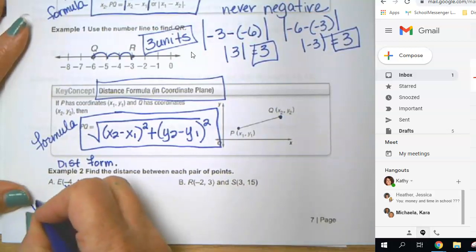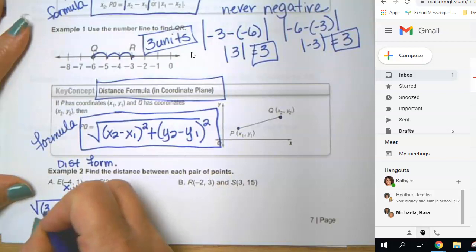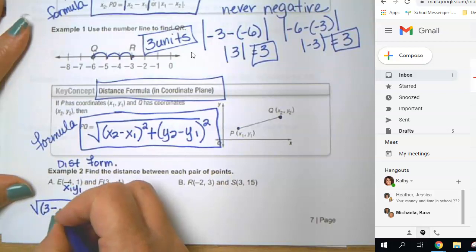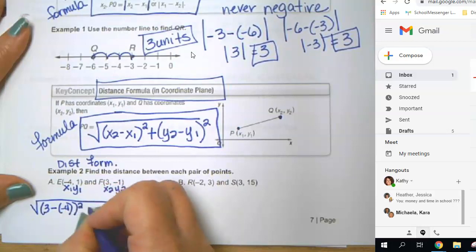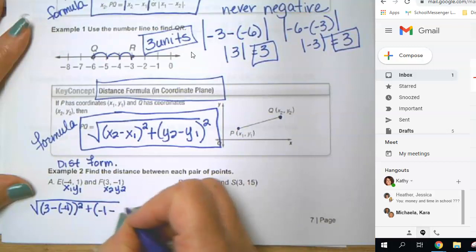So we're going to do the square root of 3 minus -4 squared plus -1 minus 1 squared.